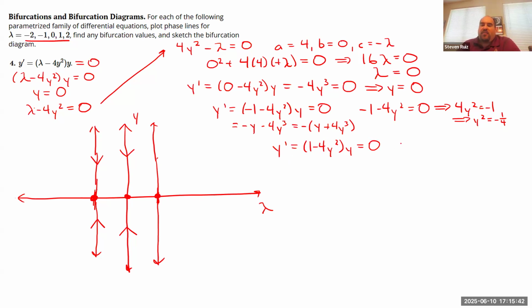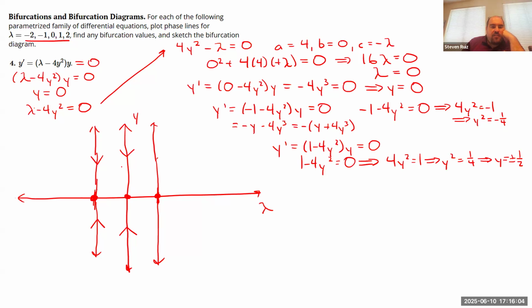What happens if I set the other part of this equal to 0? I get 1 minus 4y squared equals 0, which gives me 4y squared equals 1. Y squared equals 1/4, or y equals plus or minus 1/2. I get 2 real equilibria.